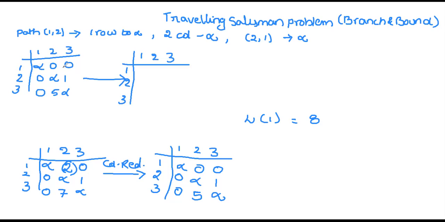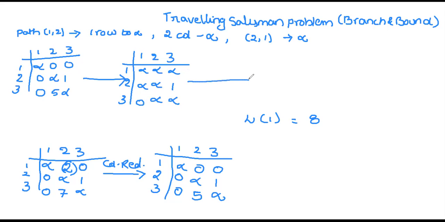We will make the first row infinity, so this is infinity, infinity, infinity. After that, the second column is also infinity. Then the second row of the first column is infinity. All the previous values you need to write exactly. So this is the matrix.